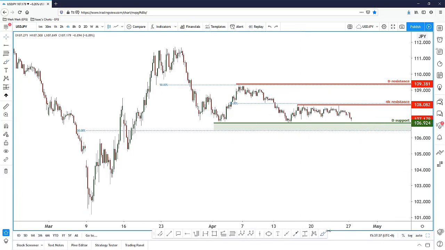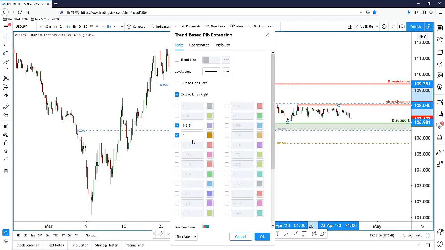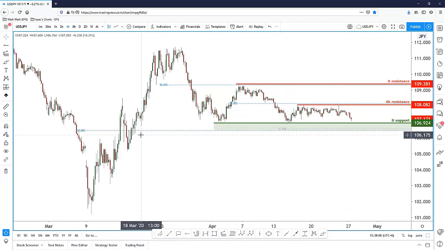Okay, we also see that price made sort of a zigzag push, one down and then a sideways, and then we want to see whether it makes another push down, and if it does, how far down it can go. So let's take a Fibonacci extension from this point to the swing low and then up to this swing high here, and we see once again that the 61.8 key Fibonacci extension level lines up nicely with the 50% level.